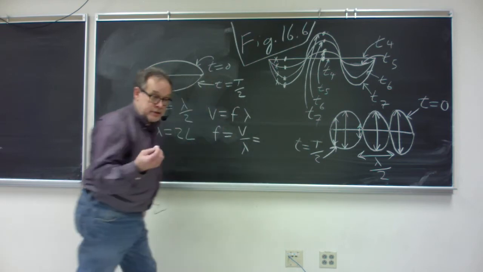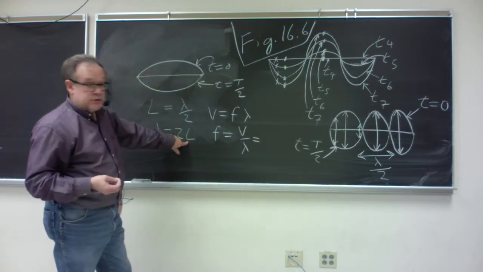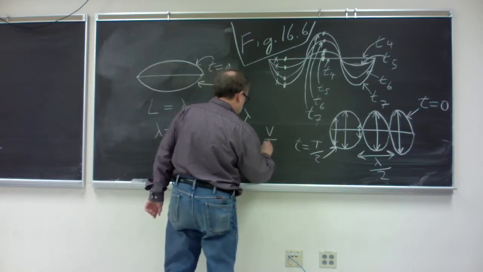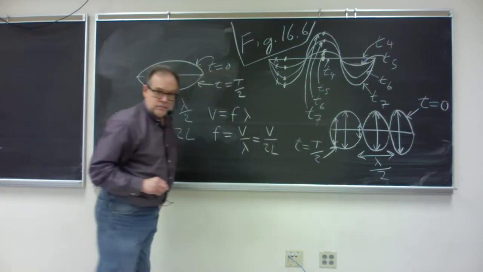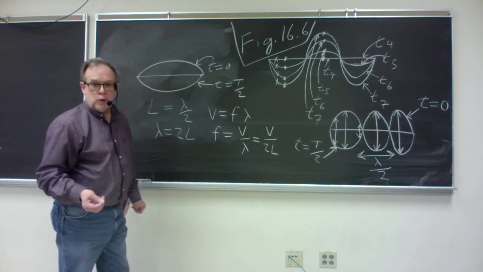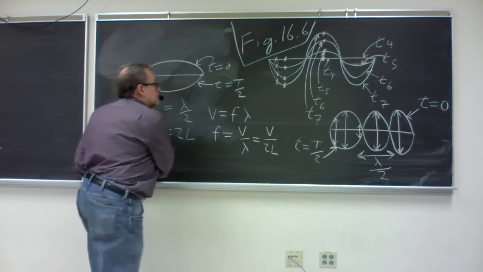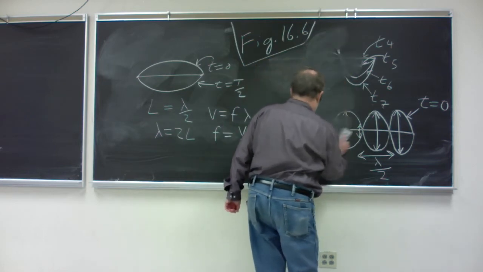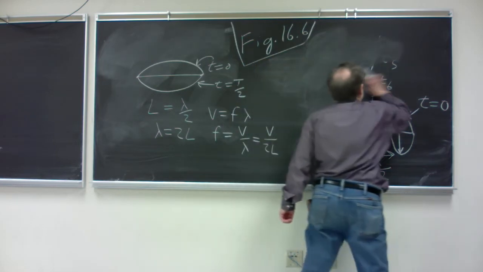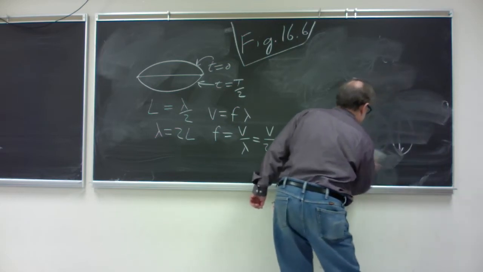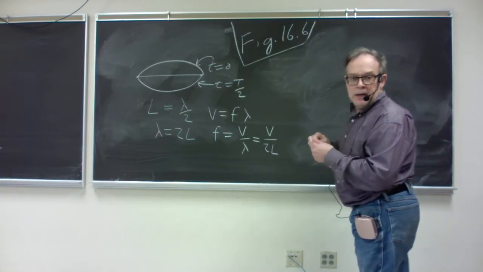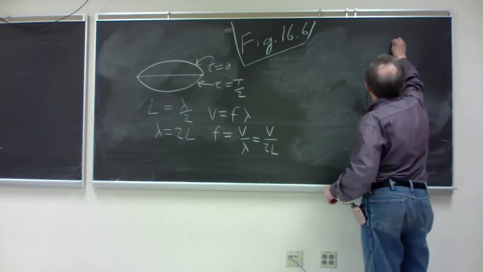So in this case, the wavelength is 2 times string length, so we have speed over twice string length. Let's keep that result in mind.